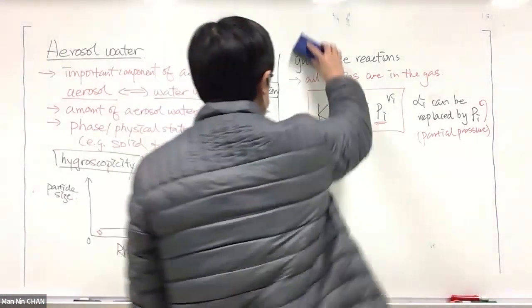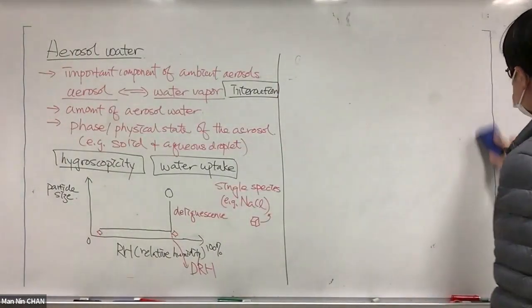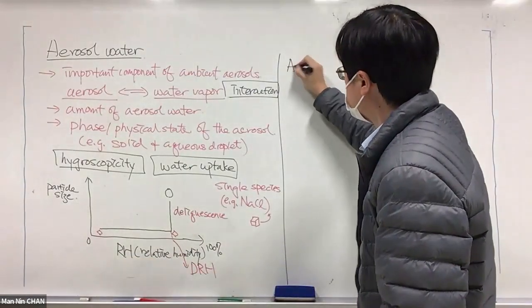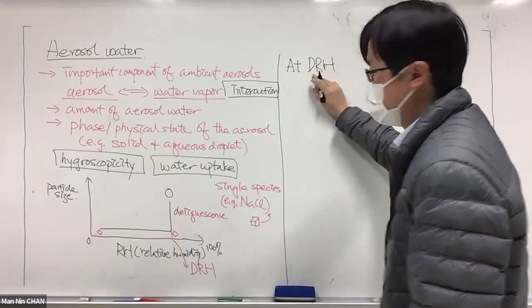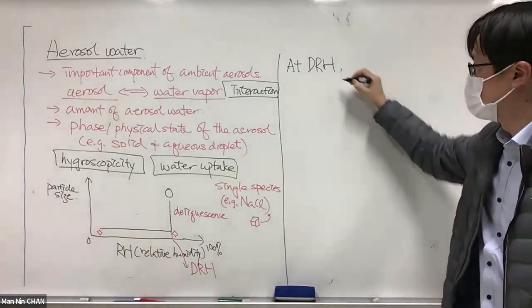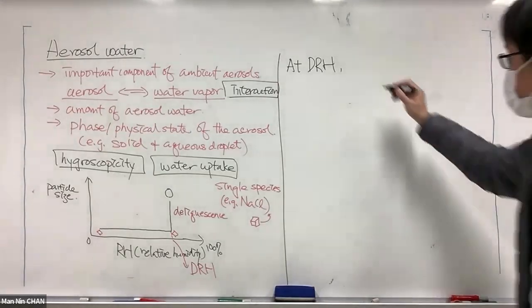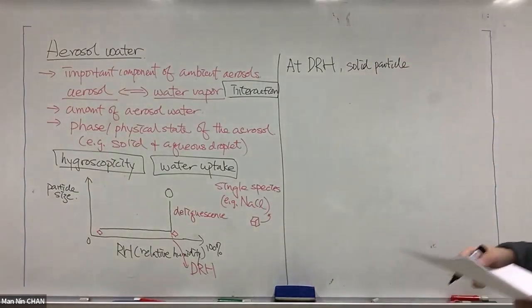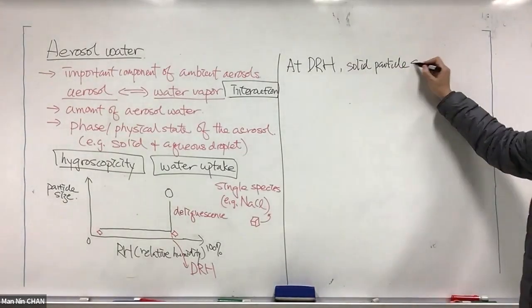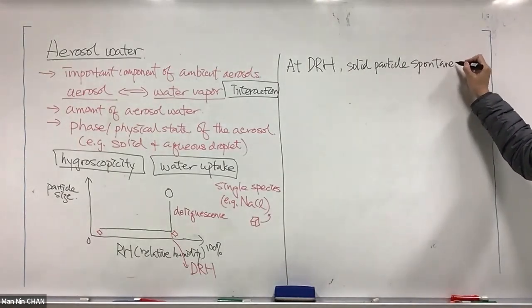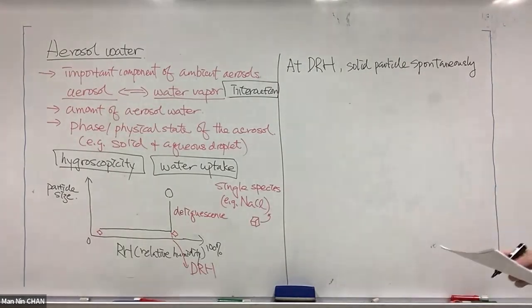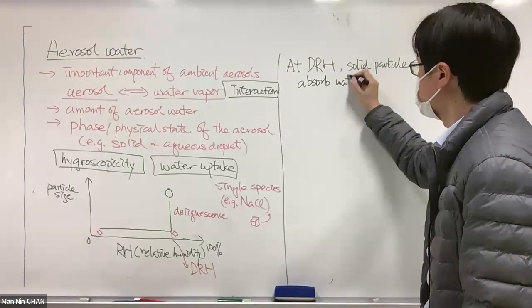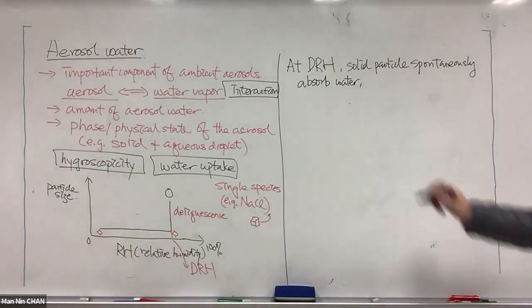So maybe let me write down here for you. As the DRH, D here means deliquescence RH, and the solid particle spontaneously absorbs water.